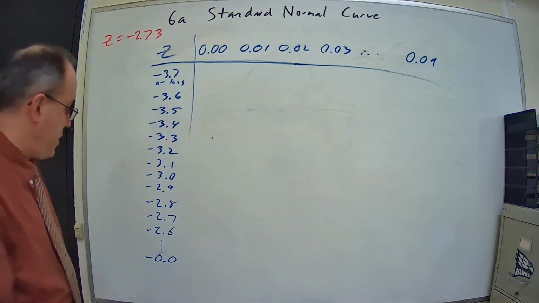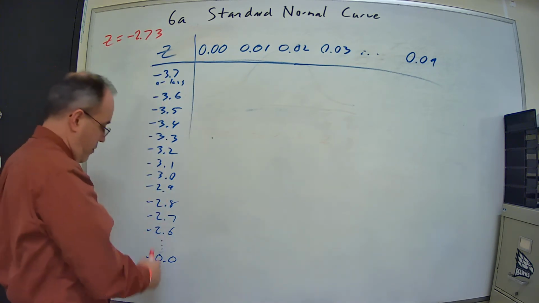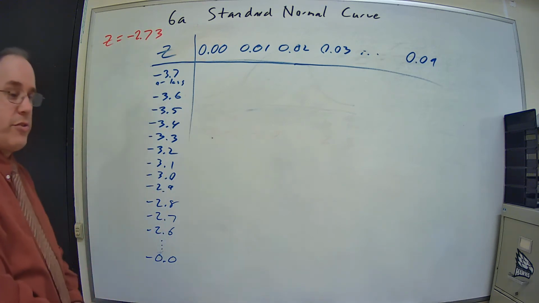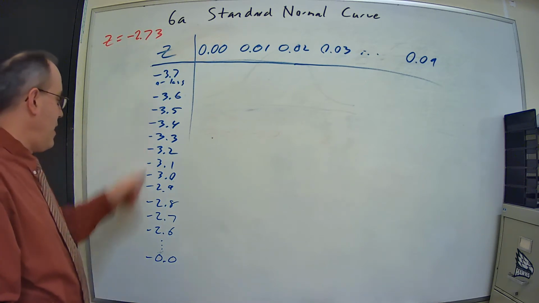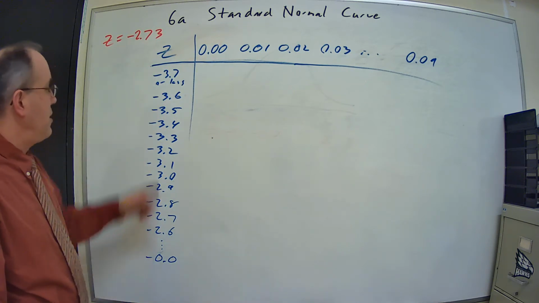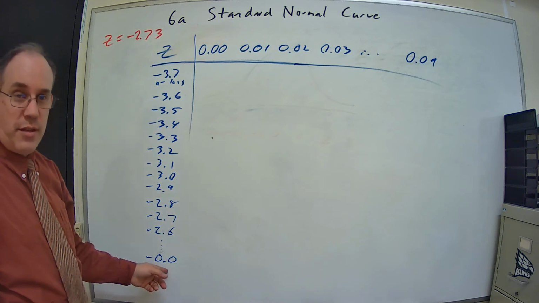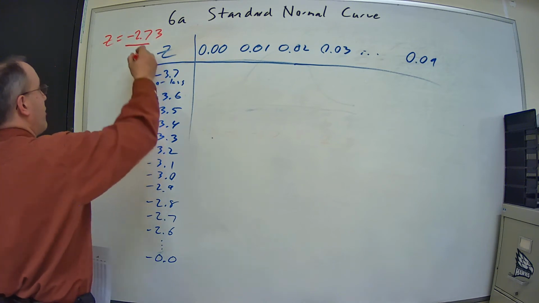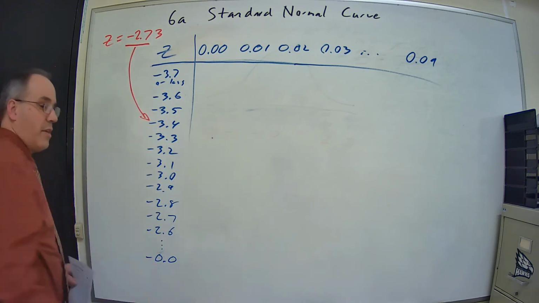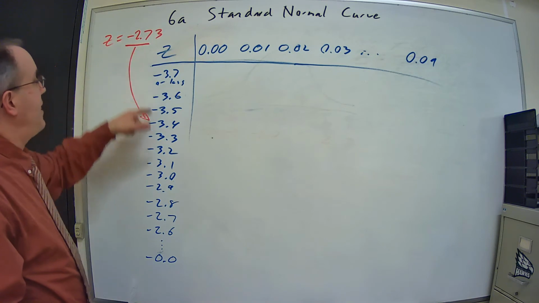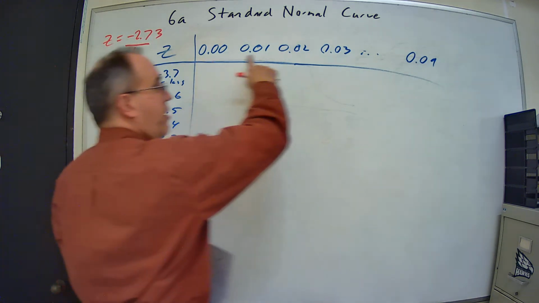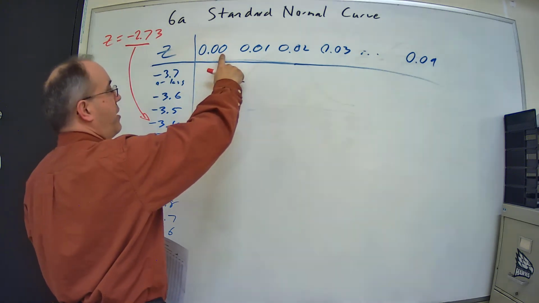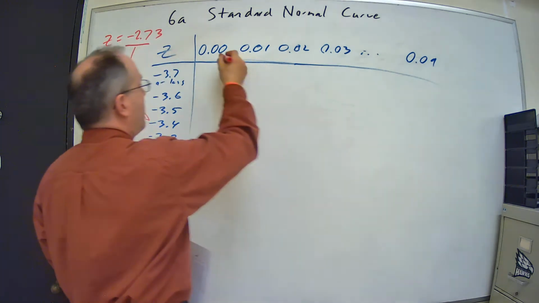What I'm going to do is I'm going to come down here, and this column there, and its row headers, give you the sign, the ones place, and the tenths place. So this right here is going to deal with this. Up here, these column headers, notice that it's all 0.0 and then followed by numbers, 0, 1, 2, 3, right?